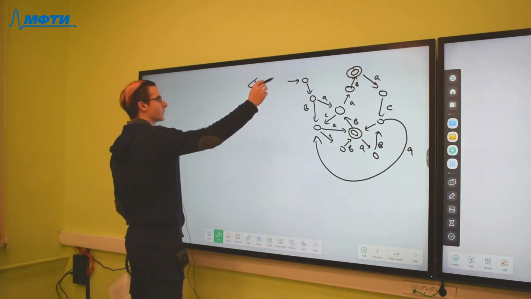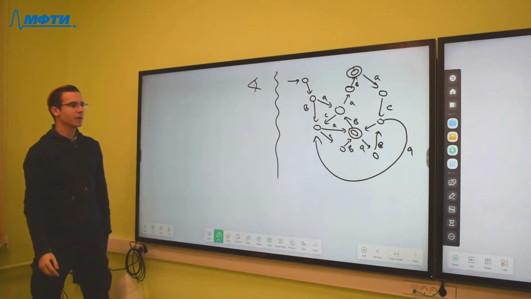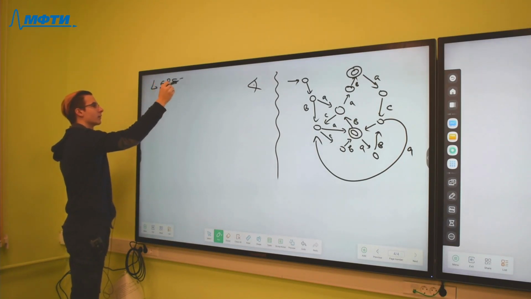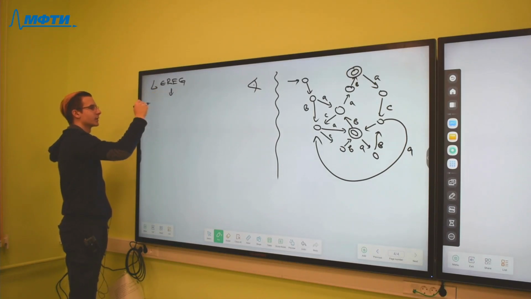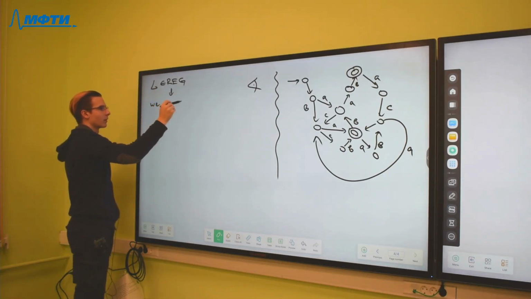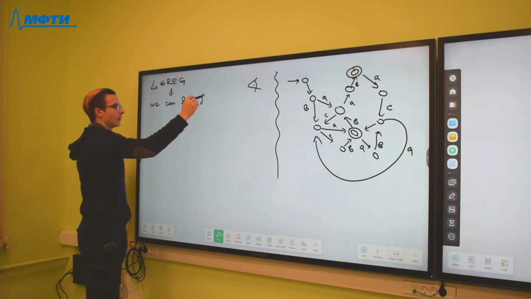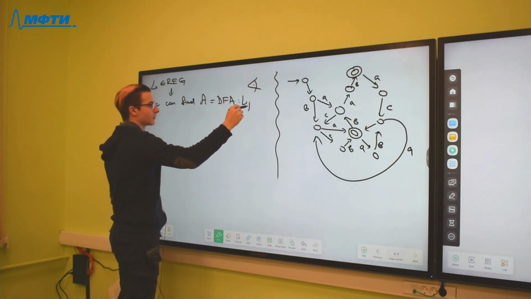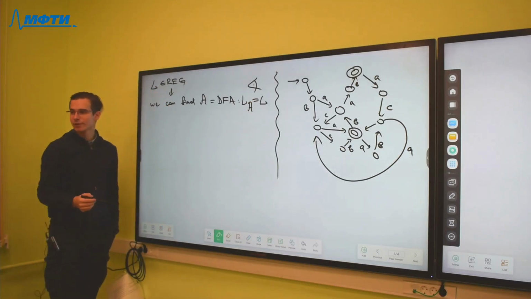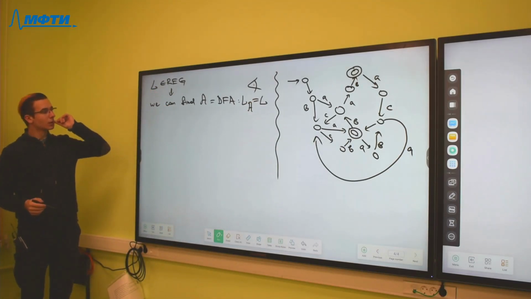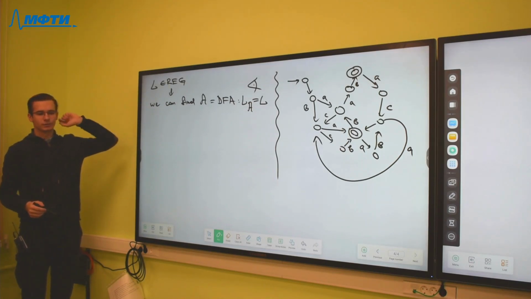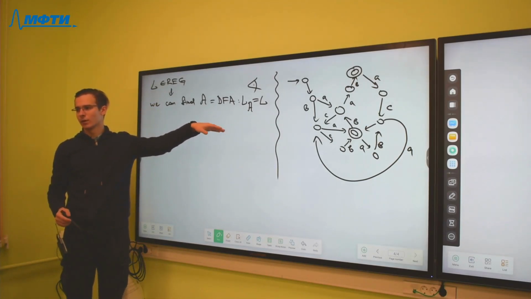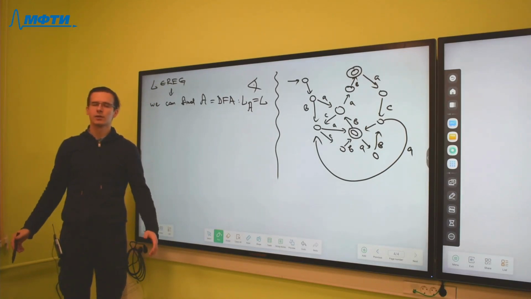So, what is interesting here? We have a language, it is regular, and so we can find a deterministic finite automaton such that the language of this automaton is equal to L. You can find algorithms that build such a DFA, and we can build the minimal DFA.